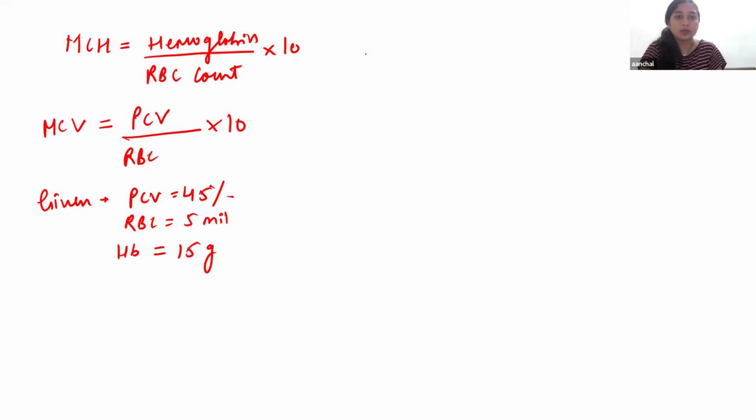First, we calculate the MCH. We have 15 into 10 upon 5, so we get 30, which is in picograms.